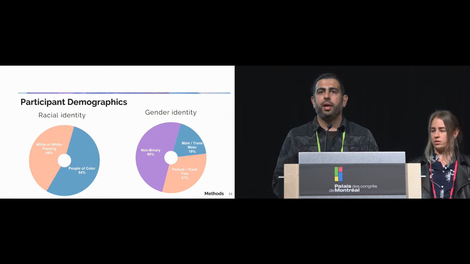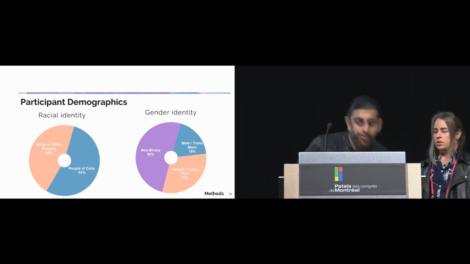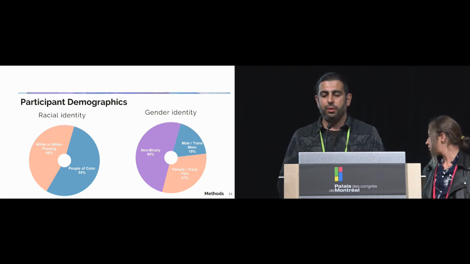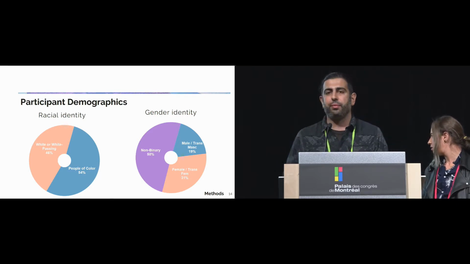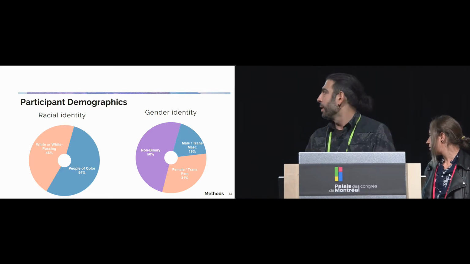We strive for diversity, and we were able to achieve some degree of diversity. There were about 46% white or white-passing individuals in our population, and 54% people of color.